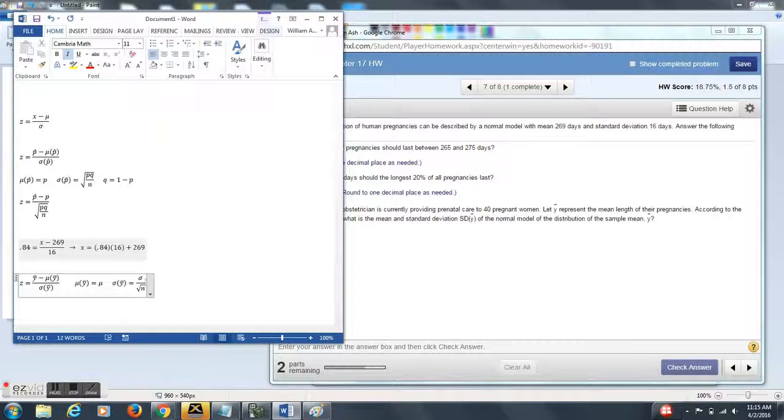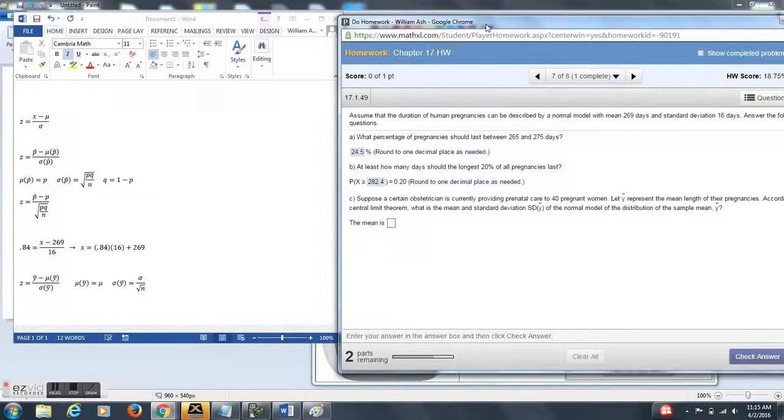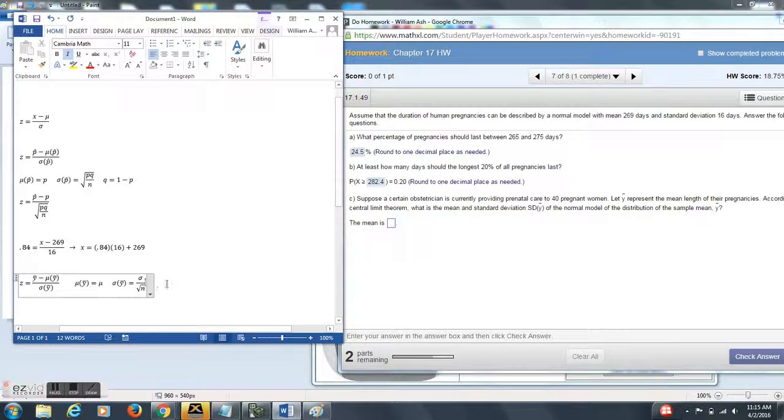If I put it all together, it's a lot like the original formula: mu is still mu, and sigma is sigma over root n.